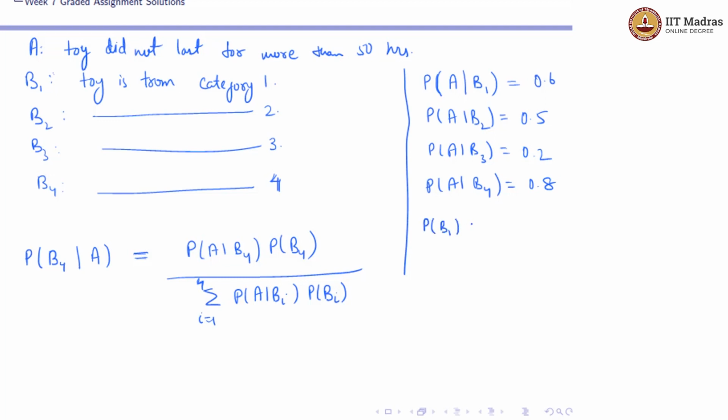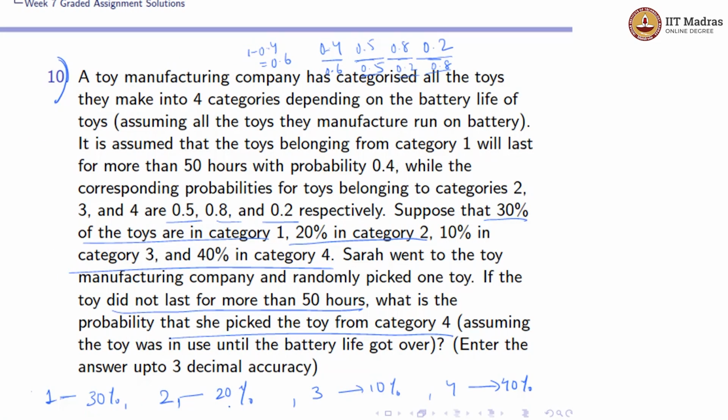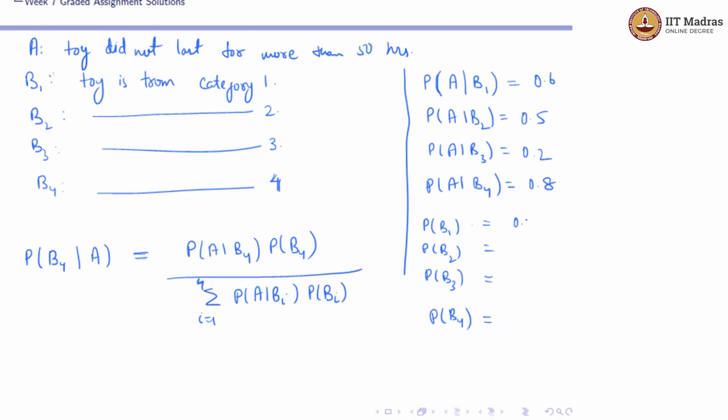Also probability of B1, probability of B2, probability of B3 and probability of B4 is given to us, and that is 0.3, 0.2, 0.1 and 0.4.